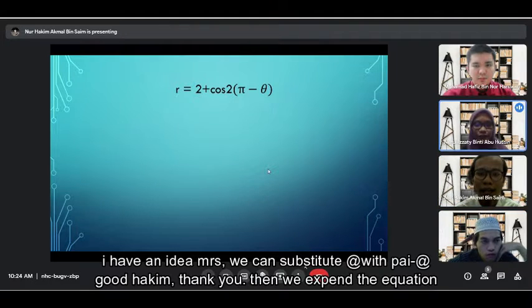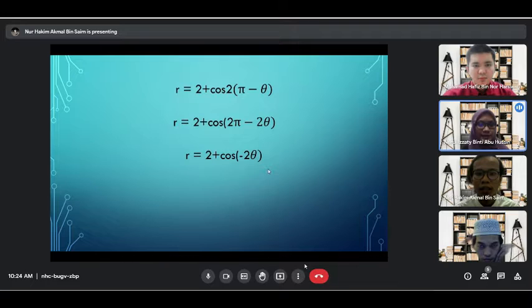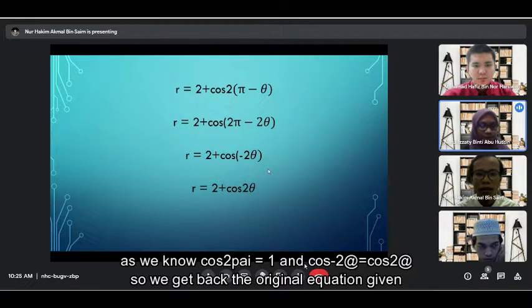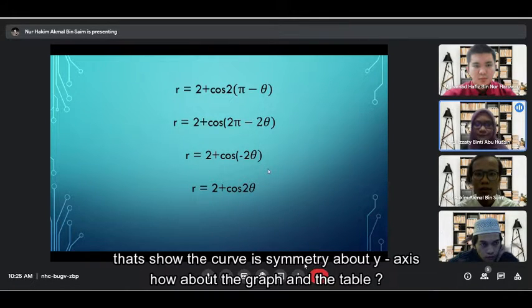Good, Hakim. Thank you. Then we can expand the equation. As we know, cos of 2 pi minus 2 theta equals cos 2 theta. So we get back the original equation given, which shows the curve is symmetric about the y axis. How about the graph and the table?